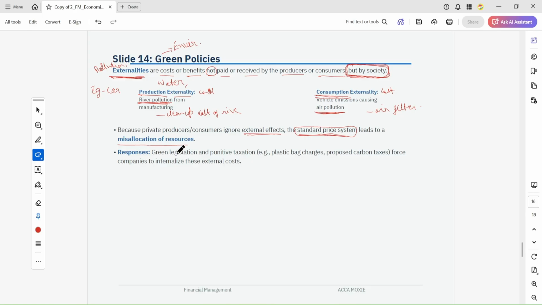So what does the government do? Government makes policies, green policies, and the government response is green legislation and punitive taxation.